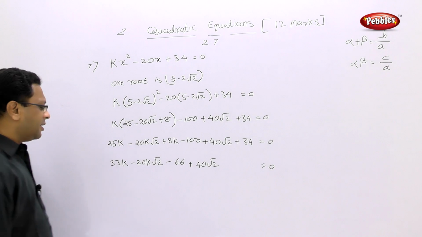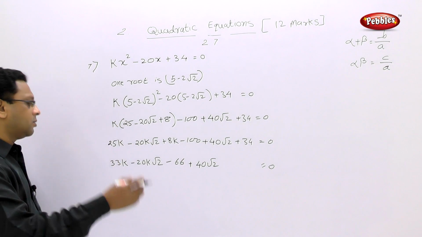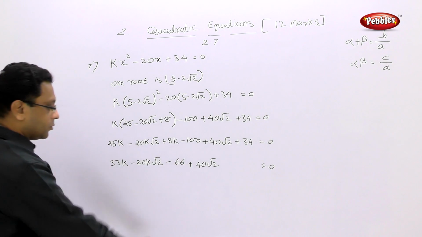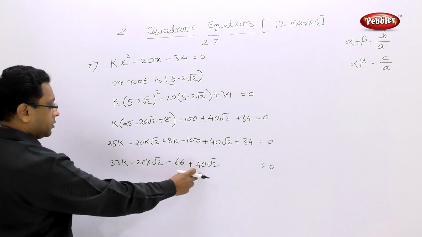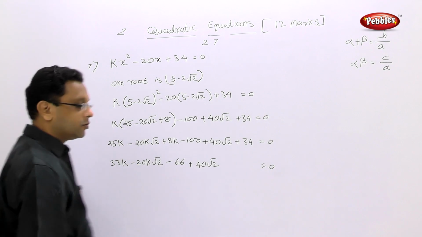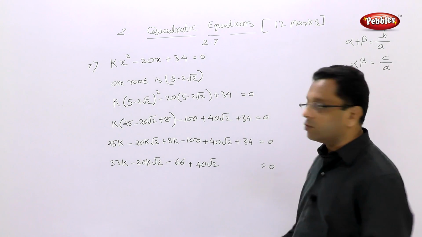Can you see? Unnecessarily, this equation is going long and long. Still let us finish this. Okay. Now we have root 2 and root 2 here, but 40 and k, we cannot do anything here. So what to do in this case? We can multiply the whole equation by root 2.